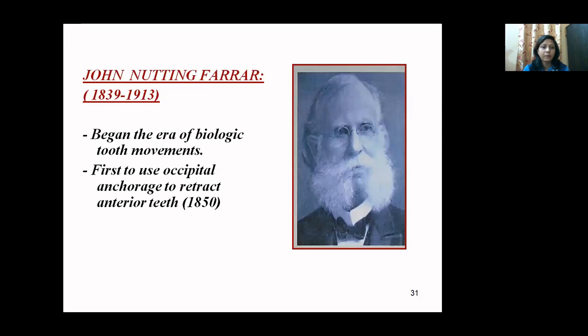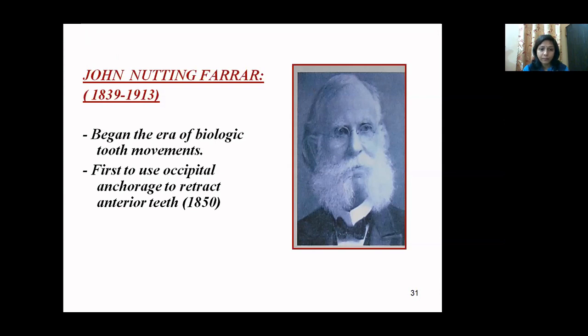Then there was John Nutting Farrar, who began the era of biological tooth movement. Whatever we read in the biology of tooth movement, how the tooth moves within the bone from one place to another, and what the biologic cascade or reactions in the structure itself are, was initially begun by Farrar.